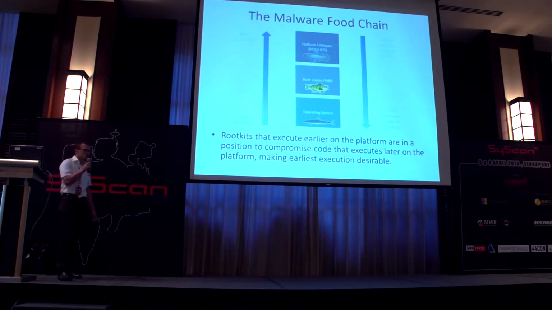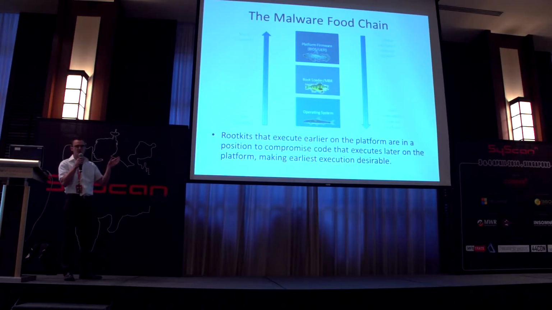To preface this whole conversation, I just want to introduce the idea of the malware food chain, where malware that's higher up is fundamentally more powerful than malware that's lower down. For instance, your operating system level rootkits are fundamentally less privileged than the code that is higher up. This is because code that's higher up on this diagram executes earlier during your system boot up process, and code that executes earlier is fundamentally able to subvert code that executes later.